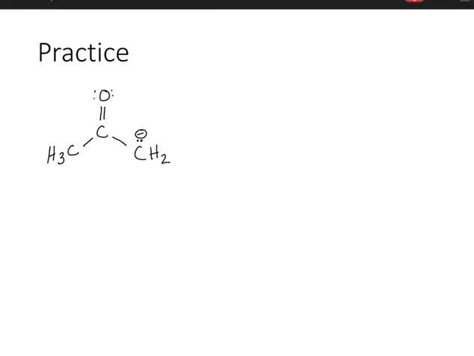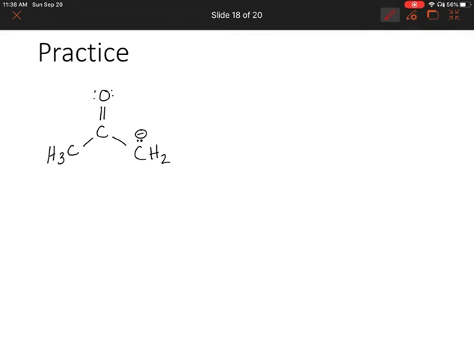So let's move the pi electrons up. So just go with me on this one. This is kind of going against what I've told you earlier, so if you're confused, that's okay. This is just for the sake of the example.